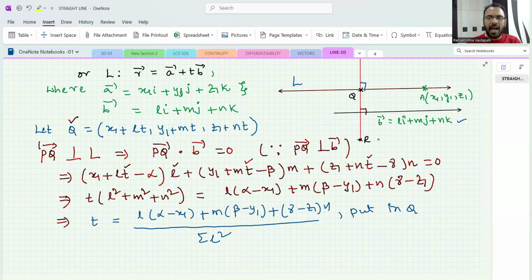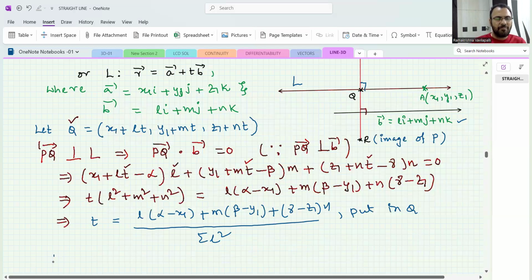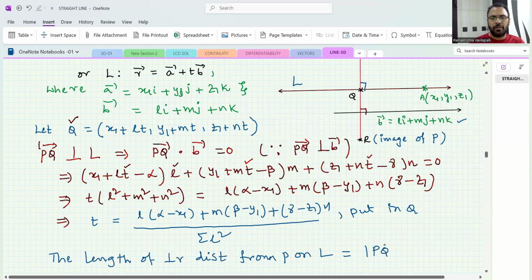Here R is the image of P. Once we got the value of t, we got the point Q. Now the length of perpendicular distance from P on L is nothing but the distance between P and Q.